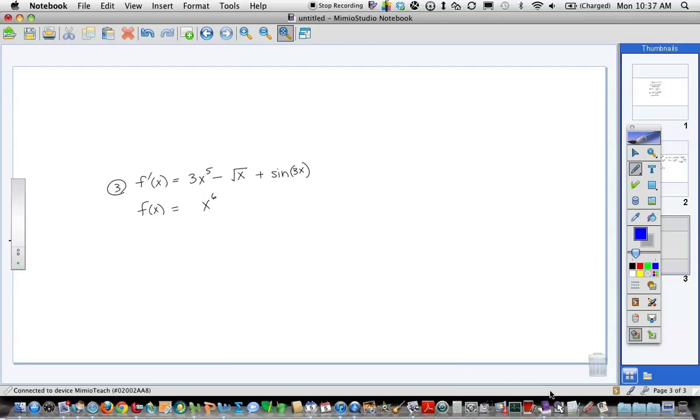But we actually had a rule for these: the 3 would just stay there, raise that up to a 6, divide by 6. As you simplify that, that's 1/2 x to the 6. Most importantly, this is the antiderivative because when I do the derivative, I bring the 6 down in front. 6 times 1/2 is 3. Drop that to a 5, I get 3x to the 5th. That's really why that's the answer.